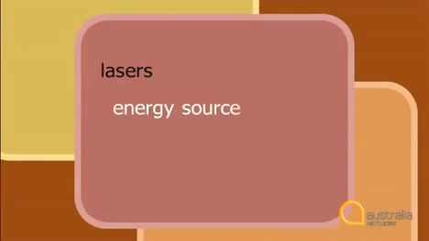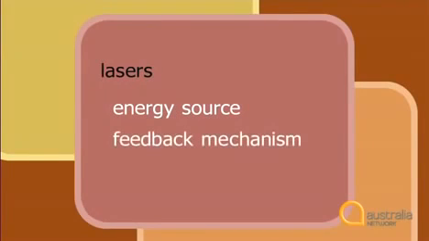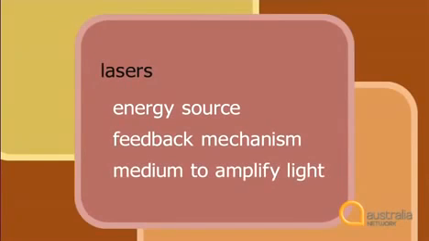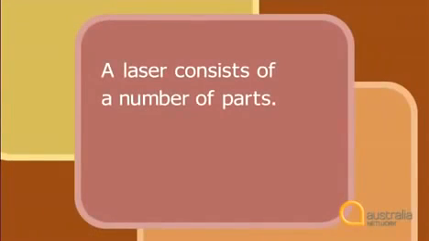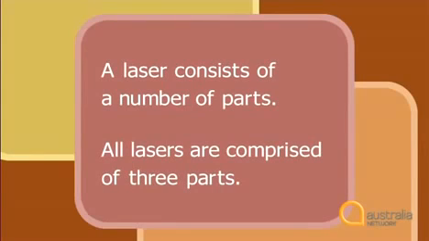She talks about three main parts. All lasers have an energy source, a feedback mechanism, and a medium to amplify light. In formal writing, we could structure this information in a number of ways. We might say that a laser consists of a number of parts, or all lasers are comprised of three parts.